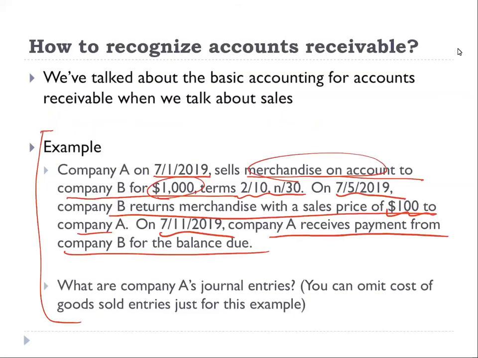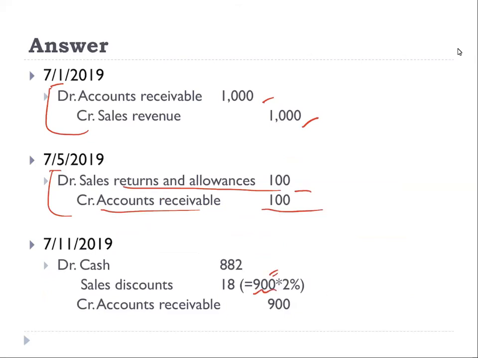And the payment was made within 10 days, so the firm is going to give a 2% discount. This 2% discount is given on the unreturned goods, which is 1,000 minus 100. On this $900 of goods, we give a 2% discount, so the total amount of discount given is $18.